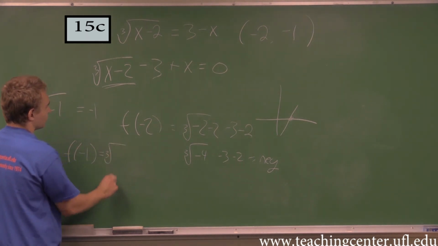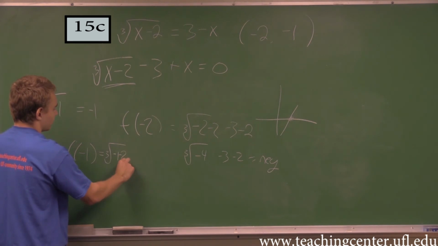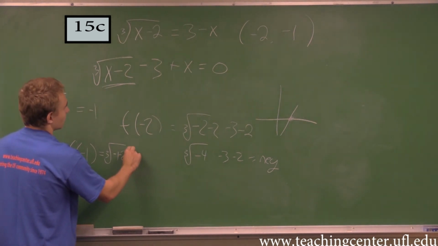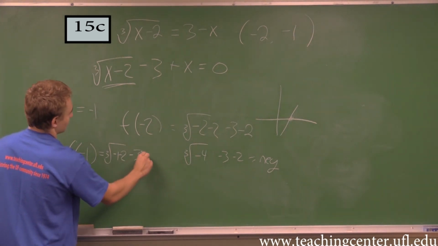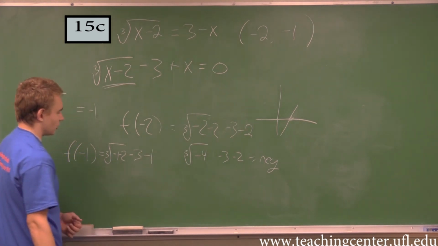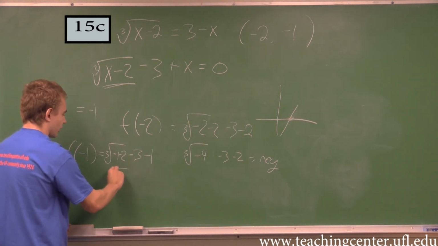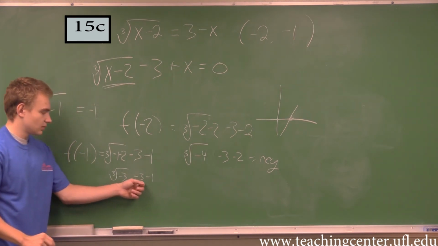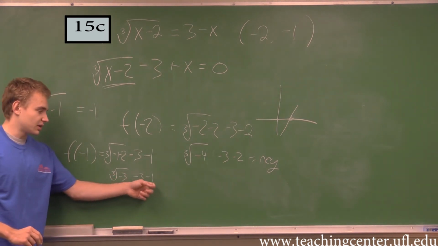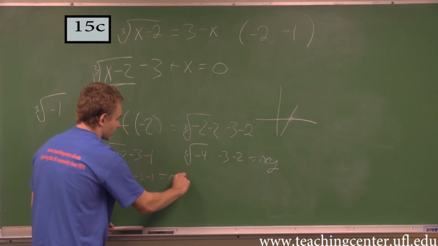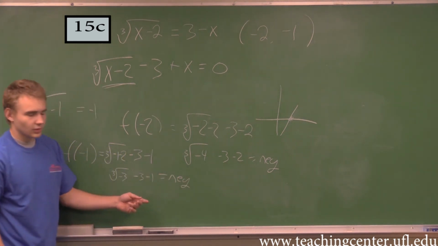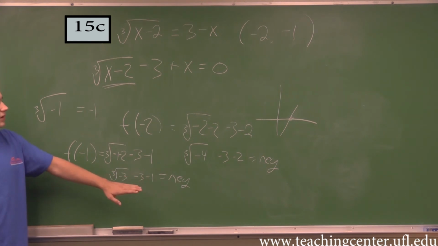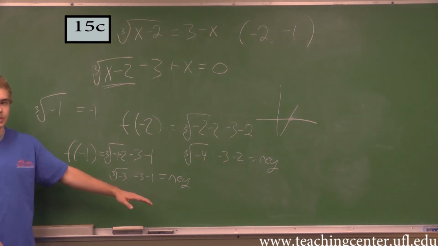So cube root of -1 minus 2 minus 3 minus 1. So once again, we're in the same scenario where we have cube root of a negative, minus a number, minus a number. This is also going to give you a negative. Okay, so intermediate value theorem doesn't guarantee you a solution.